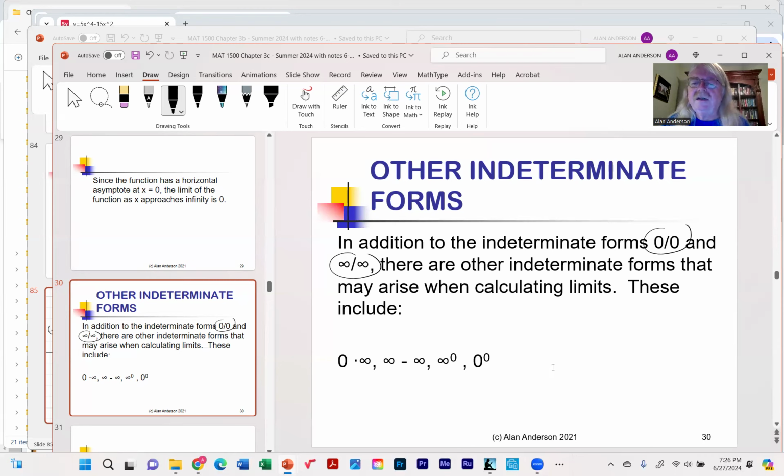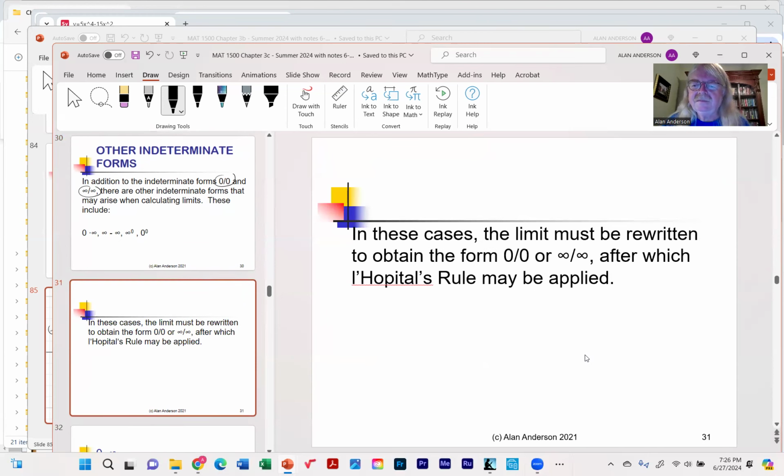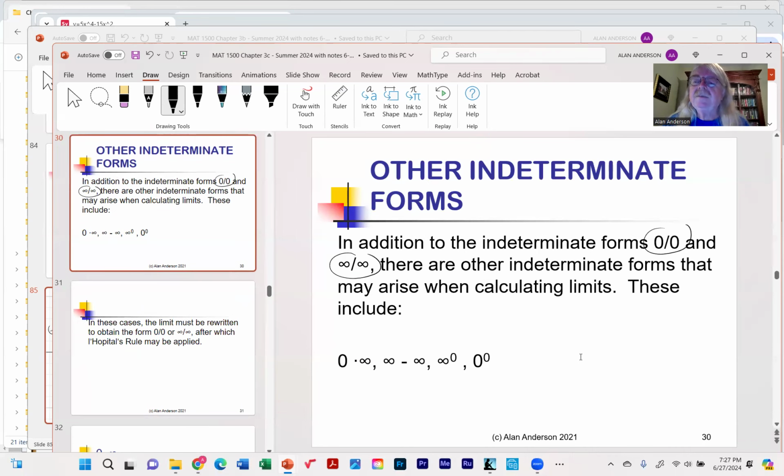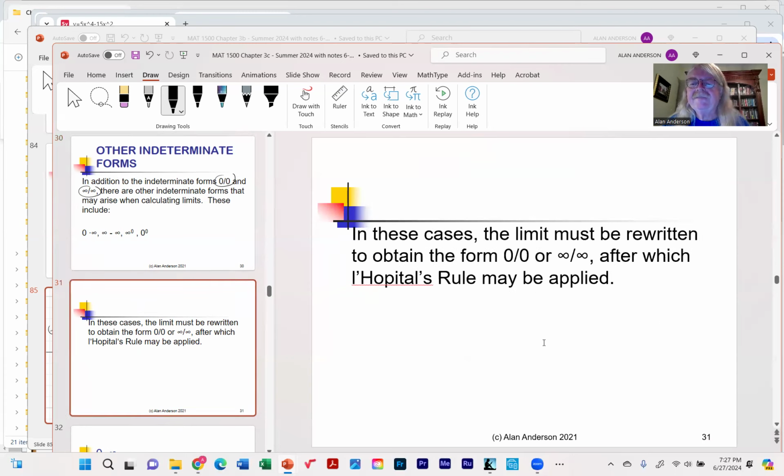These are all the things that drive mathematicians crazy. But sometimes they can be rewritten algebraically to turn them into this form, 0 over 0 or infinity over infinity. And then we can, of course, go ahead and use L'Hopital's rule. We're not just stuck.